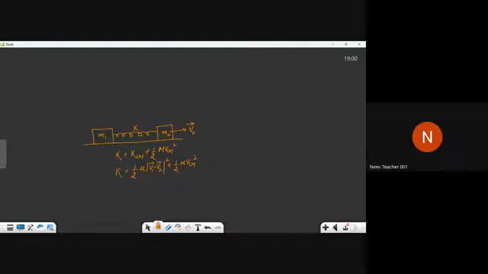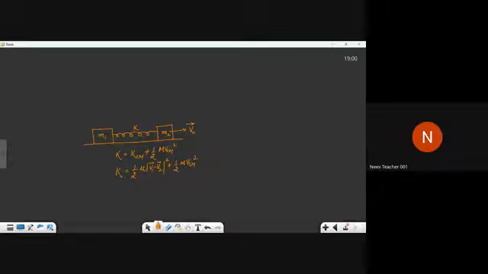Now here, the kinetic energy as seen from the center of mass will be 0 when V1 is equal to V2, correct? That is what we can do. See, I have to maximize the elastic potential energy of the system.